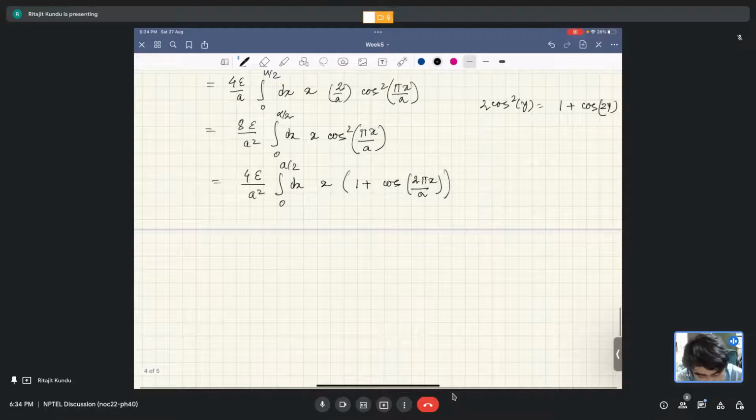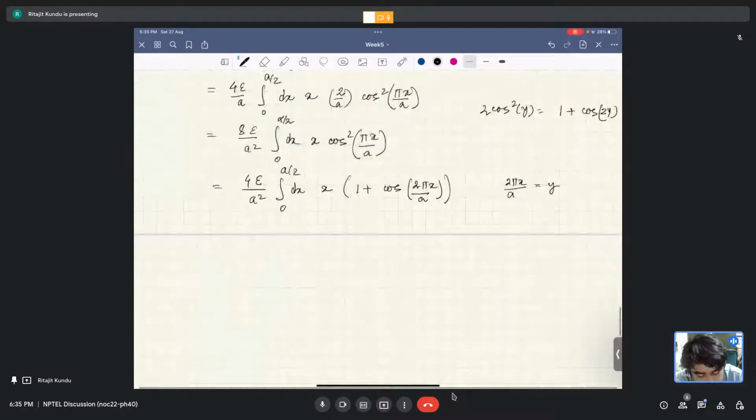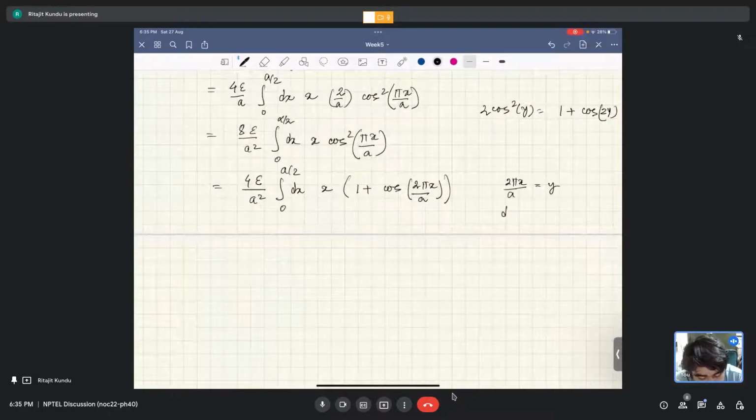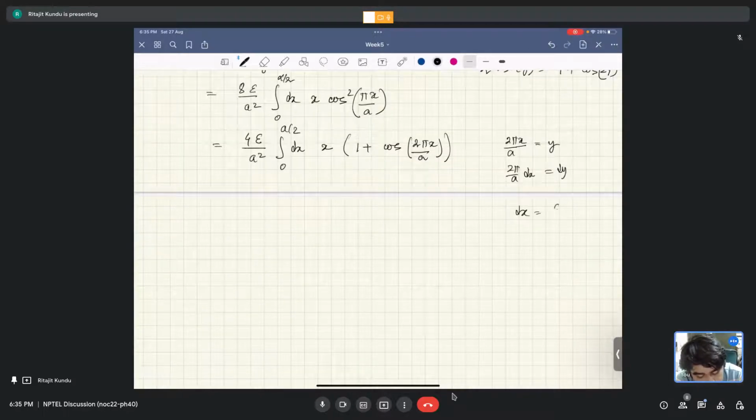Now on top of that, let us do a simple change of variable. Let's call this 2 pi x by a, let's say y. Then I'll have to do this variable transformation to this integration. So 2 pi by a dx becomes dy, so dx becomes a by 2 pi dy.